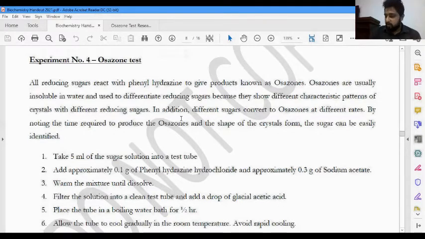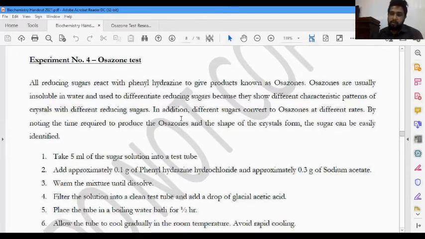Osazones are a class of carbohydrate derivatives found in organic chemistry, formed when reducing sugars or carbohydrates react with phenylhydrazine at melting point.